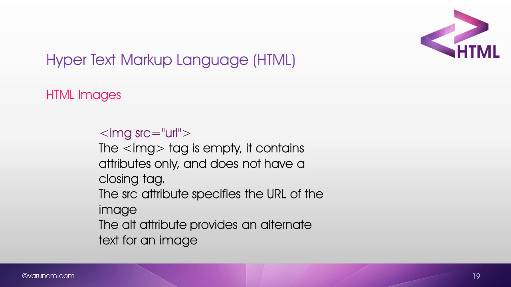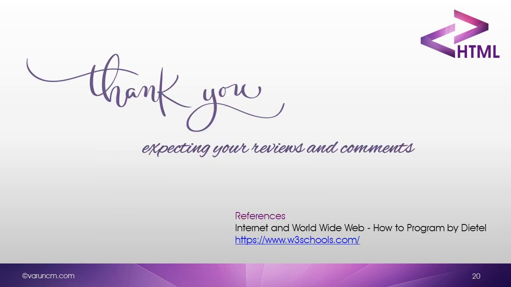If it is not able to open, you can display some alternate text there. And also you can add width, height, etc. So these are some of the attributes which you can add in your HTML images. So these are some of the basic tags which are available in HTML, which you can use just for the basic creation of a website.